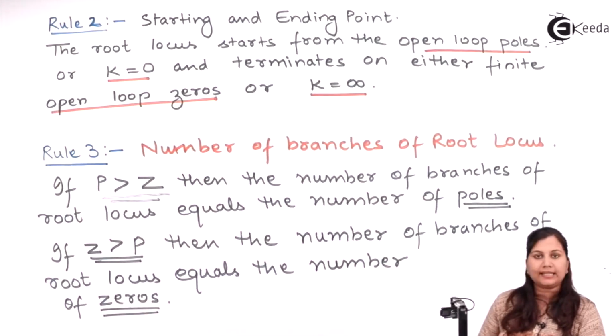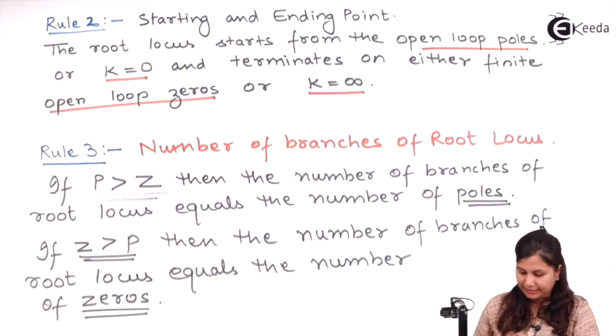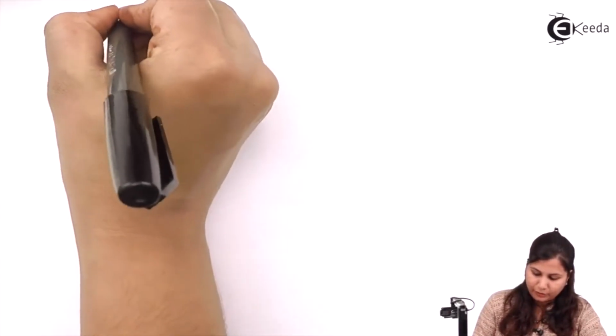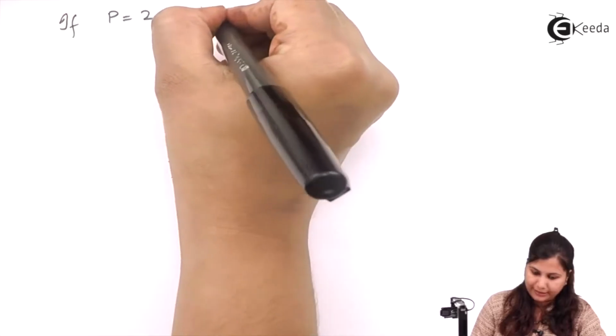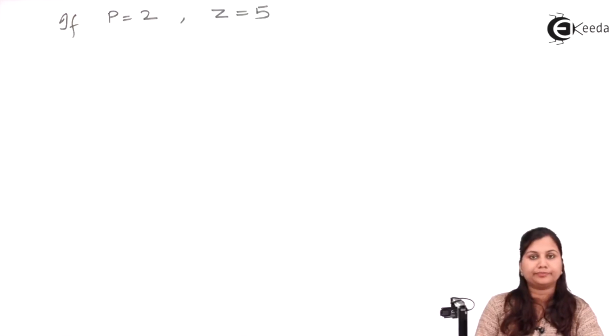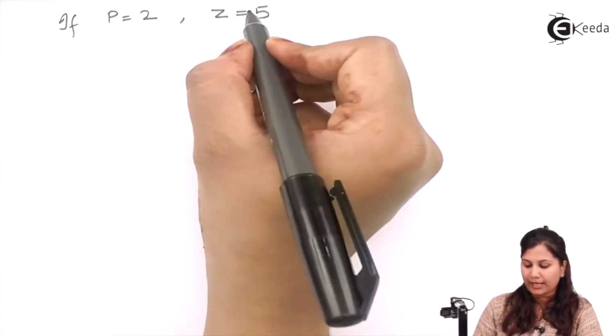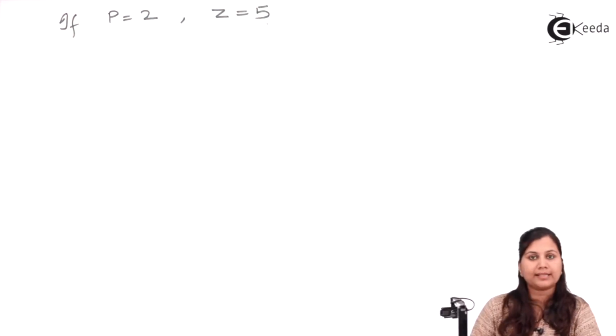Okay, let's take an example so that you can clearly understand it. Suppose that P equals 2 and Z equals 5. That is, the number of poles of the system is 2 and the number of zeros of the system is 5.